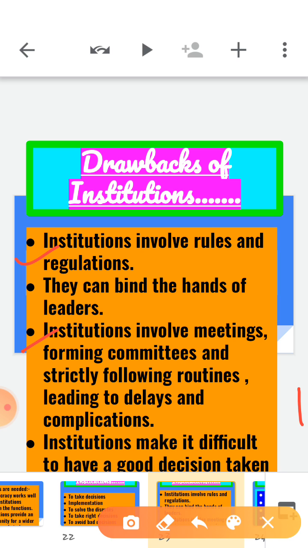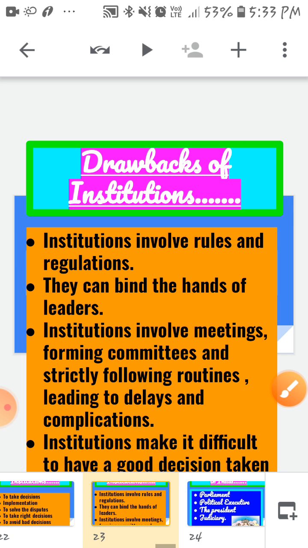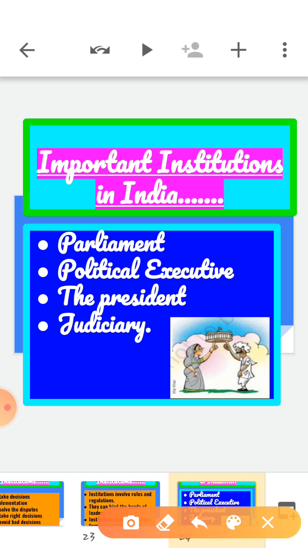That is why democratic governments insist on institutions. Now, here are the important institutions in India. First we have Parliament, next the political executive, the President, and last the judiciary. Now we are going to discuss all these important institutions of India one by one.